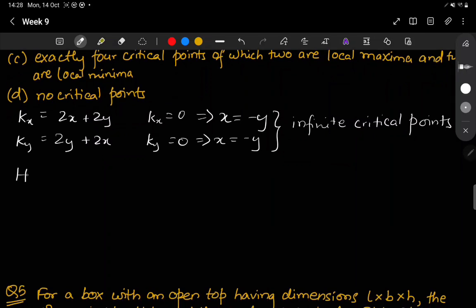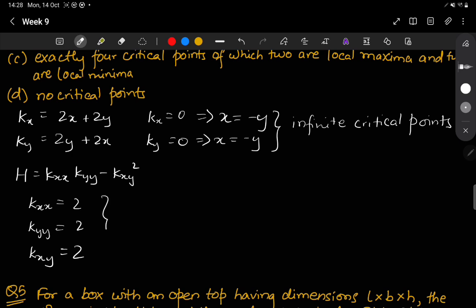Now we look at the Hessian. This gives us the Hessian as 2 times 2 minus 2 squared, which is 4 minus 4, which is 0.